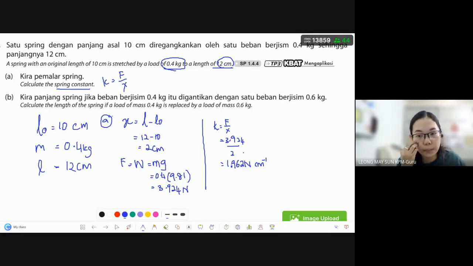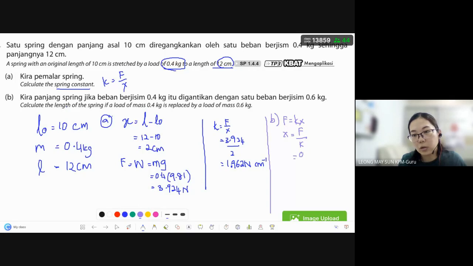Now question B says calculate the length of the spring if a load of 0.4 kg is replaced by a load of 0.6 kg. So all you have to do is use back the spring constant and use the formula F equals Kx. So X equals the force over the spring constant.